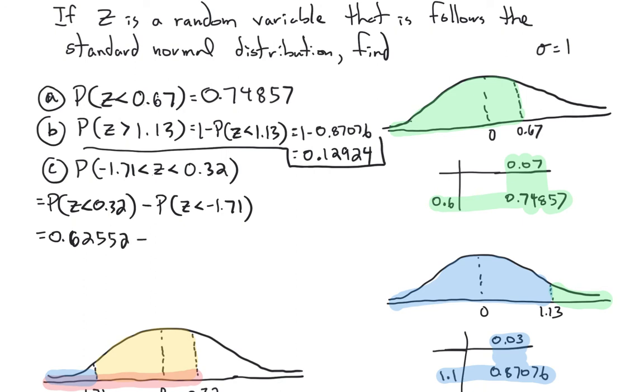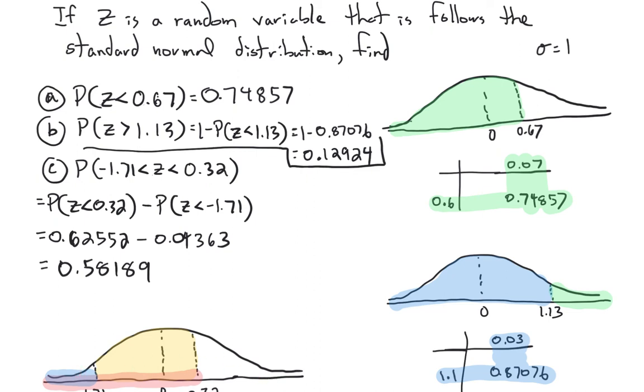And less than negative 1.71, exact same idea. I'm going to go to my table, I'm just going to look up the value. And I get that this is 0.04363. And if I subtract those, I get 0.58189. So this area in yellow is roughly 58% of all of the area under this curve.